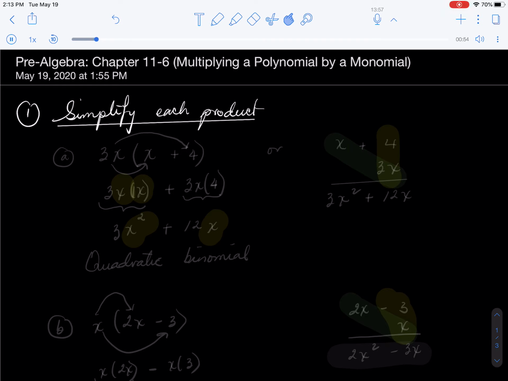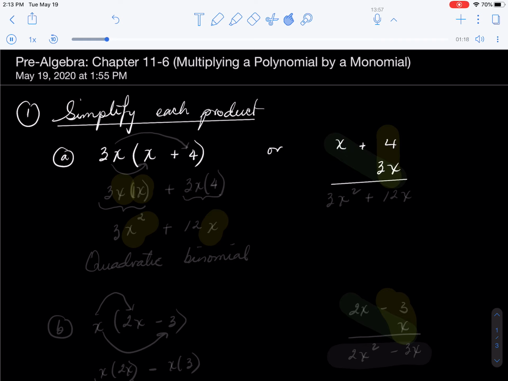Okay, so it's given to you that I have 3x times x plus 4. You can also think of it as x plus 4 multiplied by 3x. You can certainly think of it that way if you like.